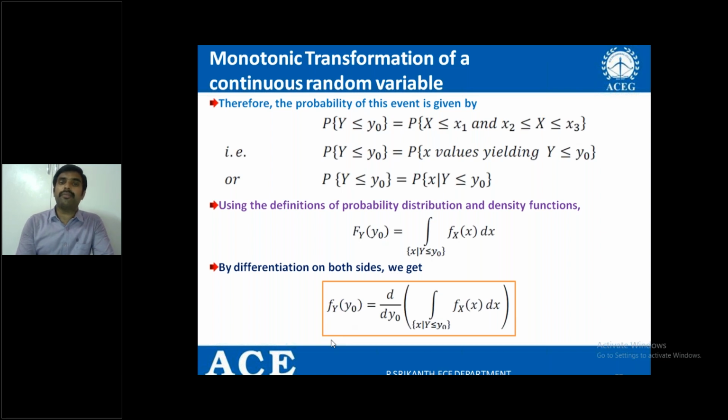Simply I can say d by dy naught of the whole distribution function fy of y naught, or integral over x given y less than or equal to y naught of fx of x dx. Simply, or if I take the same example, that is y naught is depending on the 3 elements x1, x2, x3, or in other words, 3 elements x1, x2, x3 are transformed to the new element in the random variable y, that is y naught.